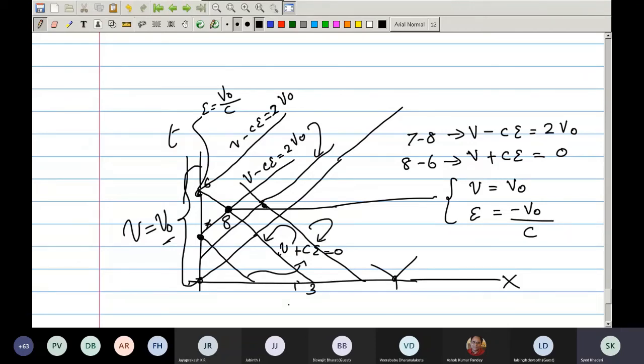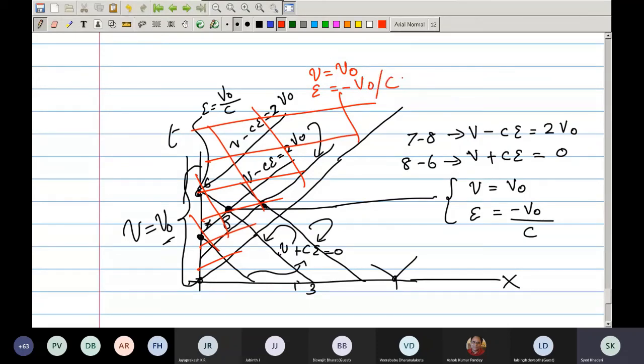So what I am trying to tell you is, in the entire region, the velocity is v0 and strain is minus v0 by c. Basically you have the end of the bar. You are disturbing the end of the bar by applying a velocity v0. And what is propagating into the bar? Into the bar also only v0 is getting propagated.